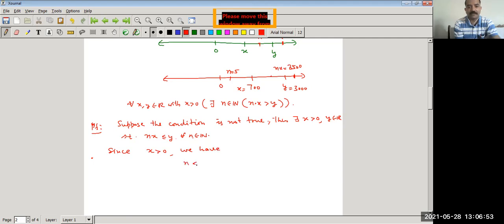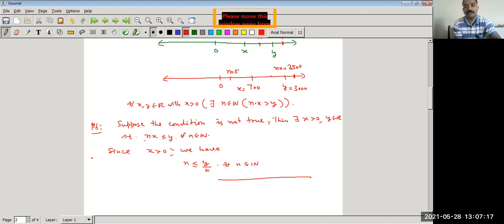So n is less than or equal to y upon x, because n into x is less than or equal to y. We can divide by a positive number on both sides; then there is no change in the inequality. So what we get is n is less than or equal to y upon x for all n belongs to natural numbers.